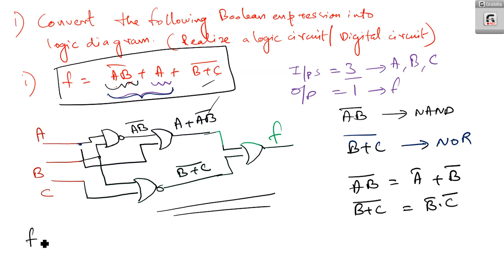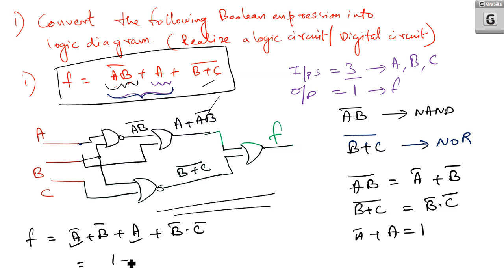Therefore, F can be written as A bar or B bar or A or B bar dot C bar. Now A bar or A is equal to 1. So what is the answer? 1 or B bar dot C bar. Okay. So whatever you are giving the input, the final answer will be 1. 1 or anything is always 1.